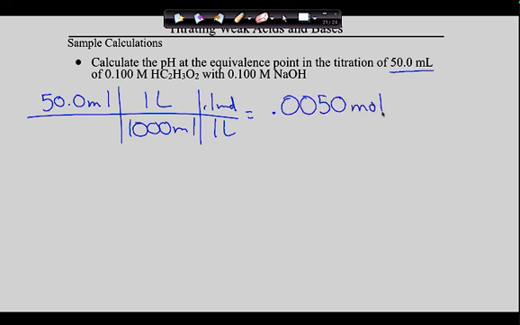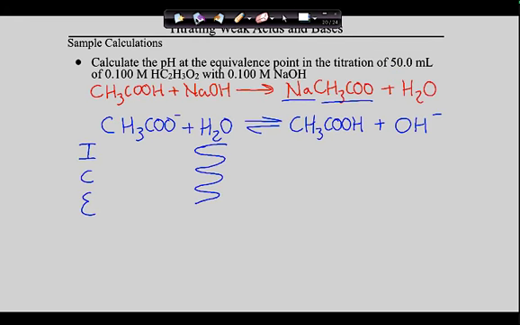So guys, that is the number of moles of acetic acid. But let's make sure we're clear, this is the amount of acetic acid we started with. Relative to the ICE box, what is that now? It's not the number of moles of acetic acid we started with. The acetic acid's all gone.